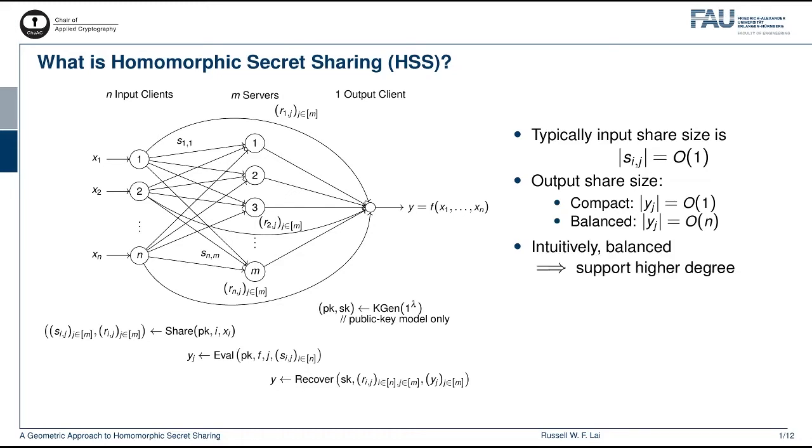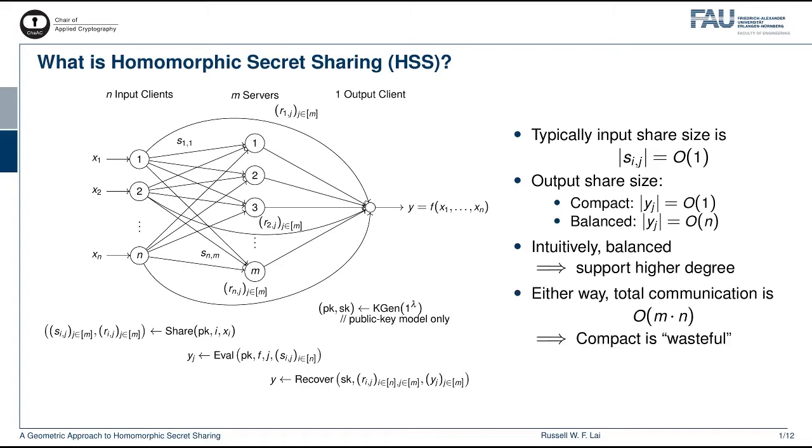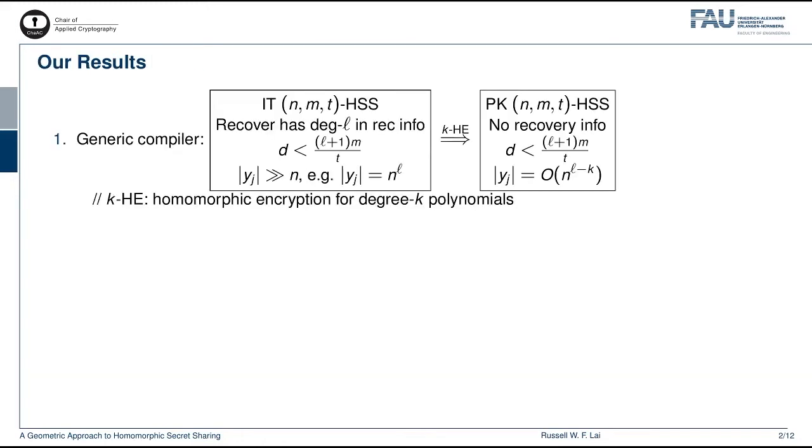Intuitively, a balanced HSS scheme would support polynomials of higher degrees. Either way, regardless of whether the HSS scheme is compact or balanced, the total communication is linear in m times n. In this sense, a compact HSS scheme is wasteful as far as asymptotic communication complexity goes.